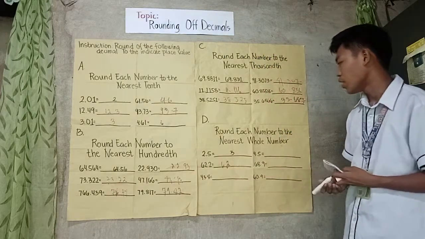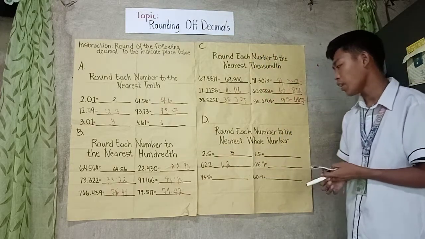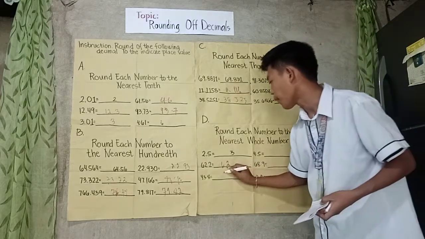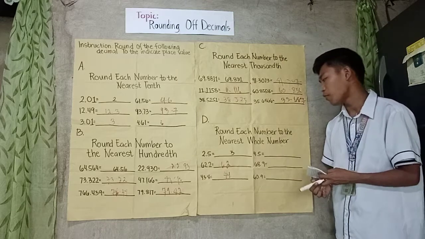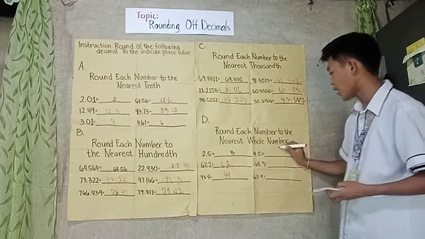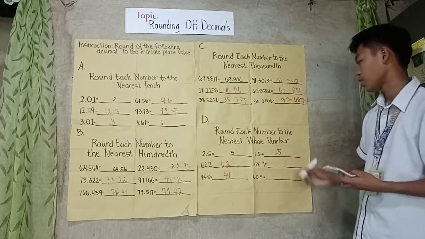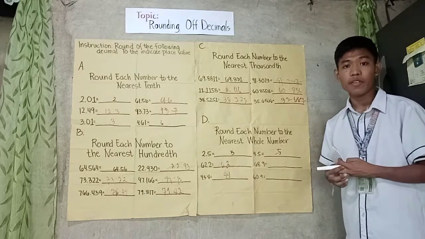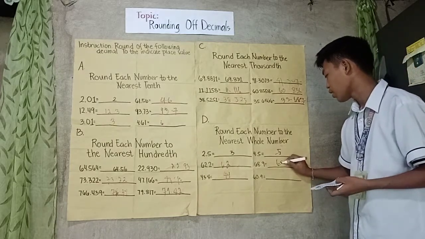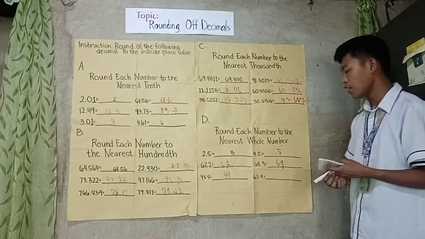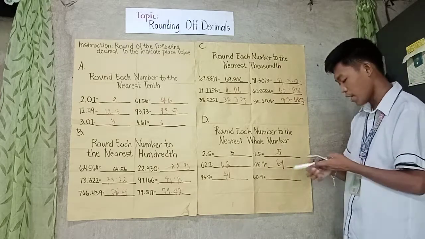Next, the nearest whole number for 43.8 is 44. Next, the nearest whole number for 4.5 is 5. Next, the nearest whole number for 68.9 is 69. And lastly, the nearest whole number for 60.9 is 61.